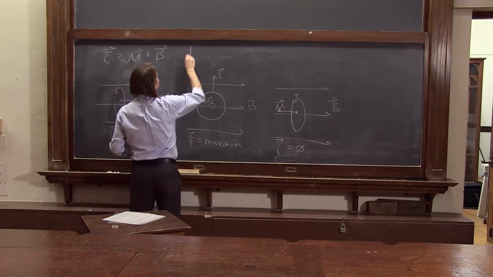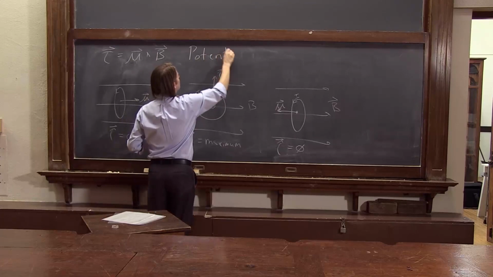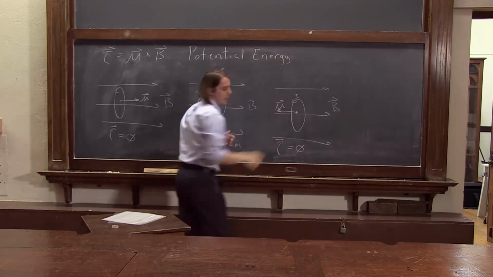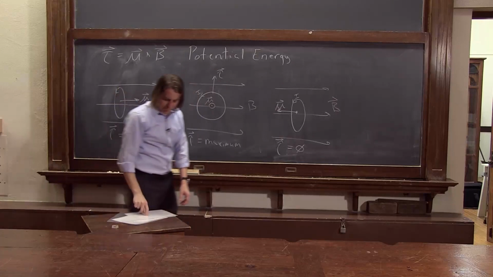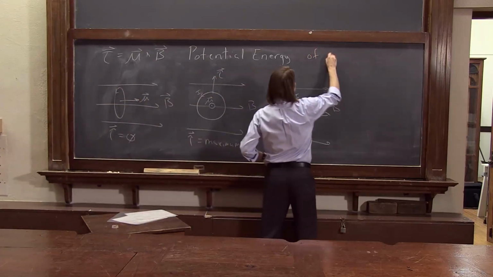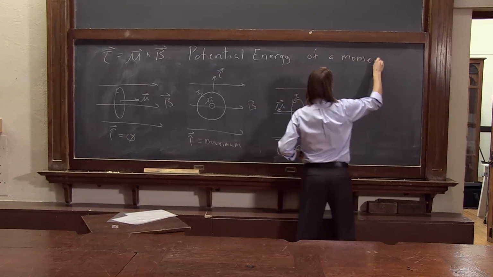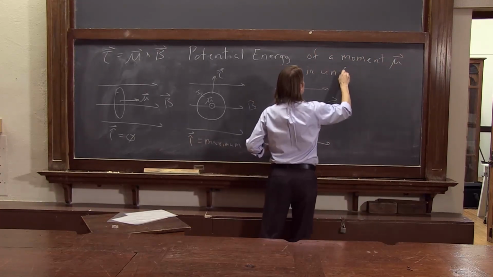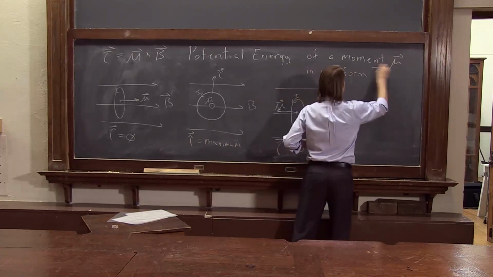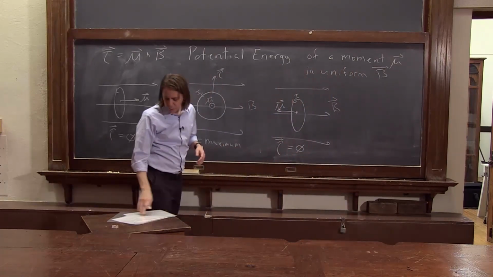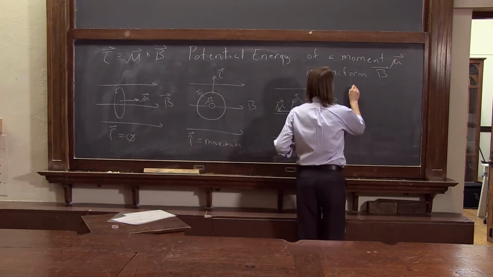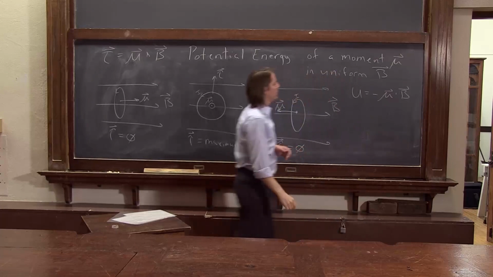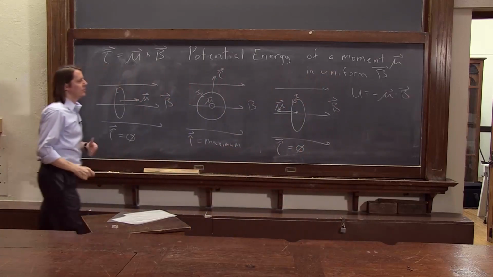So let's write then the potential energy of a moment mu in a uniform B. U is negative mu dot B. The potential energy is negative mu dotted with B. So let's see if that makes sense.